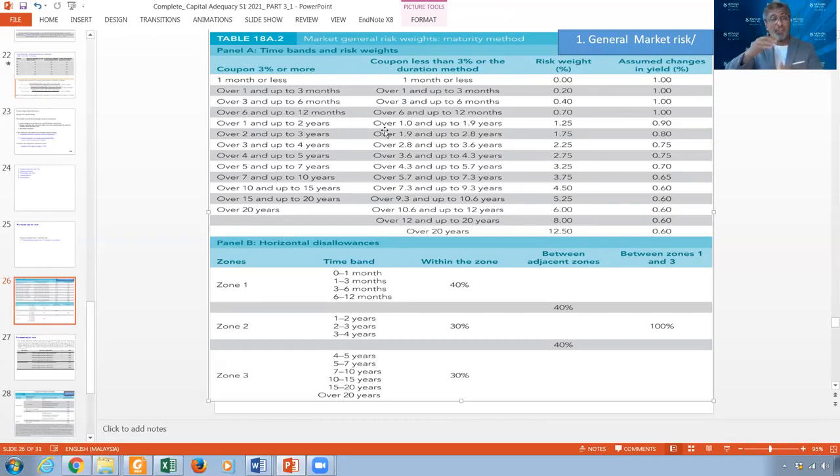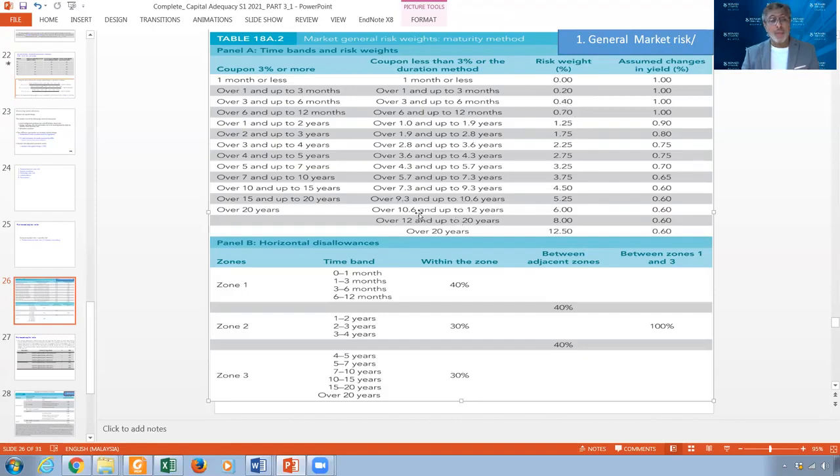So I have to take my investments according to their maturity and divide them here and calculate the risk weights. So I will take the position and multiply it by the risk weights. This is for the market risk.